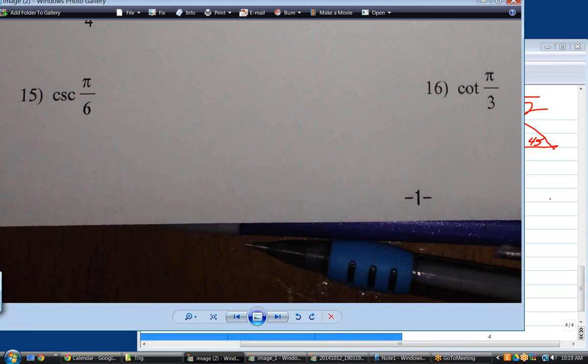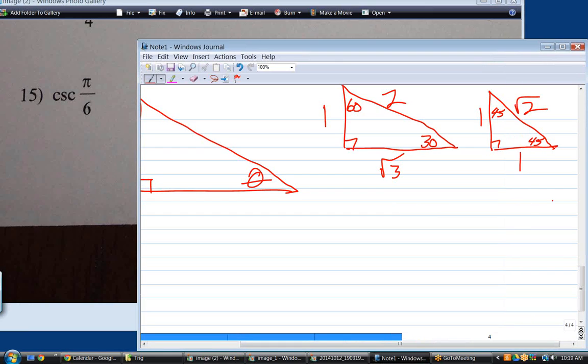And finally, cotangent of pi over 3. Pi over 3. That was 60, so it's 1 over, no, root 3 over 1. It's 1 over root 3, rationalized to root 3 over 3.